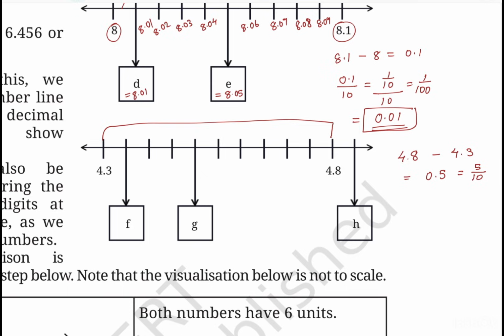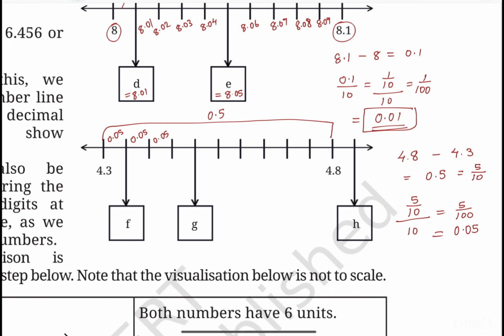We divide 0.5 into 10 equal parts, that is 5 by 10 divided by 10, we get 5 by 100, that is equal to 0.05. So each part will be 0.05.